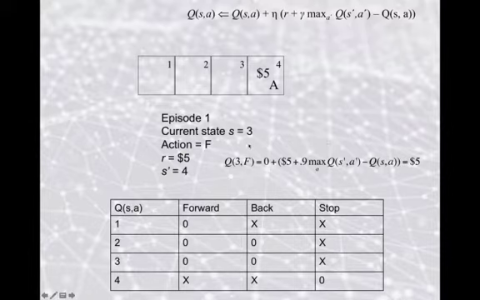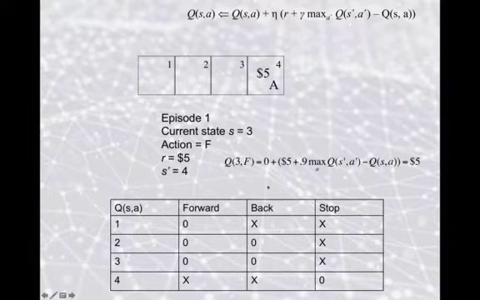Now we update the Q value in that case. So the Q value at state 3, looking forward now. This is saying what's the Q value of being in state 3 and performing action forward? That should have a non-zero Q value, because that's a good thing to do when I'm in state 3, obviously, right? So here is, just to remind you, the current Q value for state 3 moving forward.